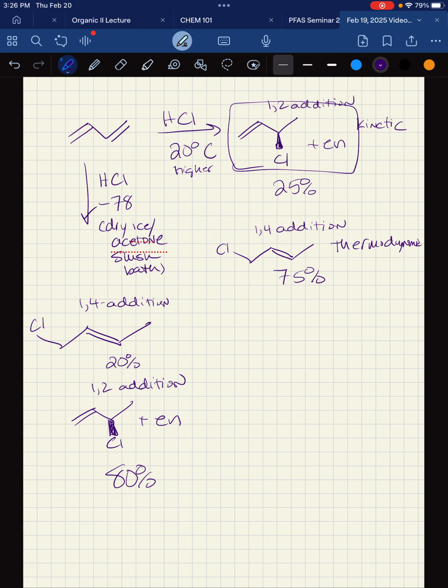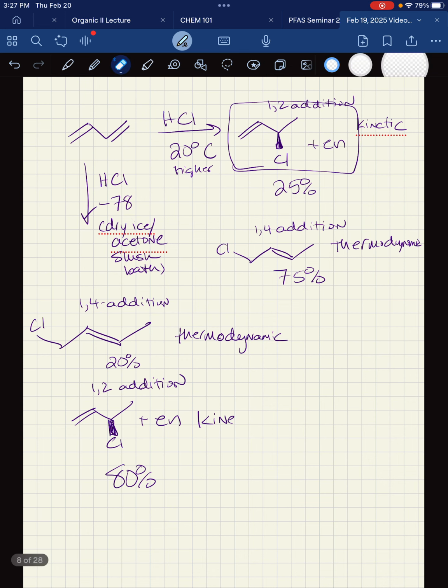And then here, this is the thermodynamic product. And you see at the lower temperatures, we get less of it. And then this is going to be the kinetic product. And at lower temperatures, we tend to get more of that one.